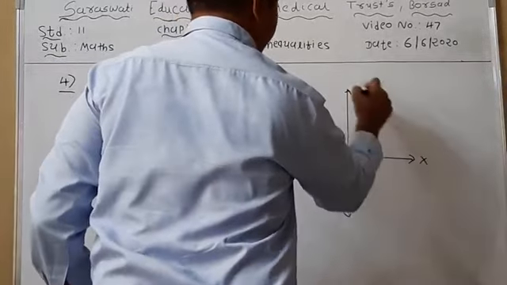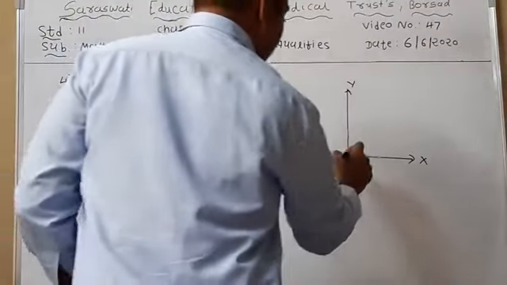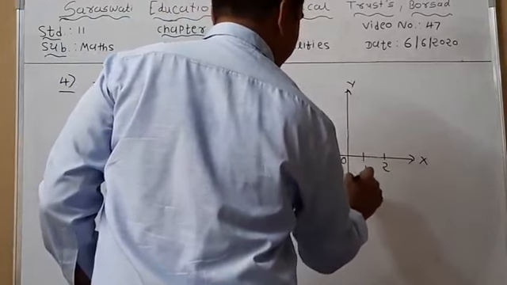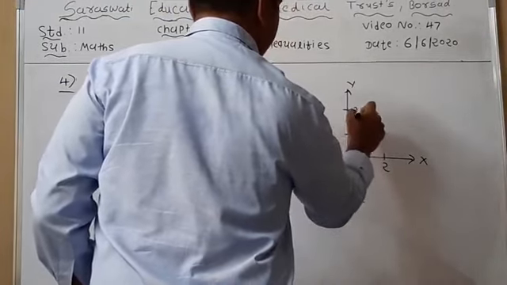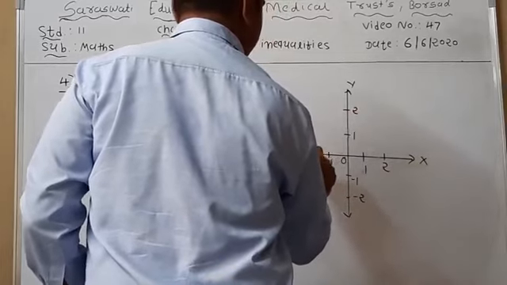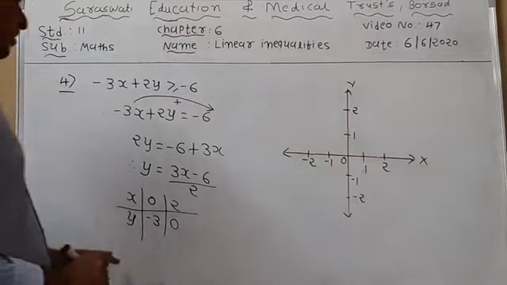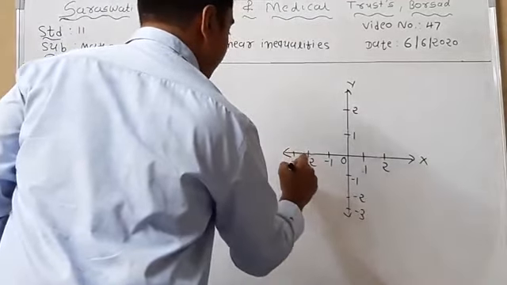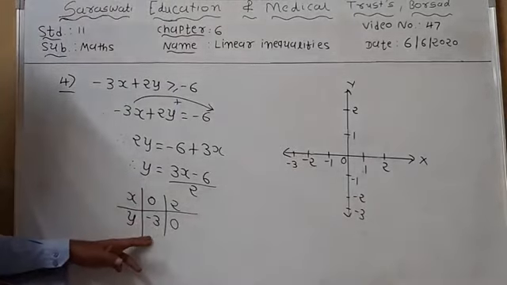So here we draw the x axis and y axis. 0, 1, 2, minus 1, minus 2 on each axis. Now the point is 0, minus 3.